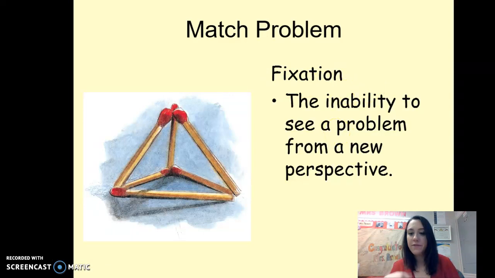One example of fixation is called functional fixedness, where you can't take an object and use it in a new way to solve your problems. You always think if that's the object, it has to be used in that way. For example, if someone's coming at you and they're trying to attack you and kill you, hopefully you're never in this situation, and all you have is a hammer, and you're like, what can I do?